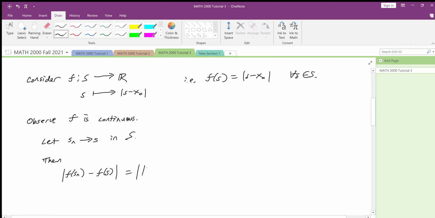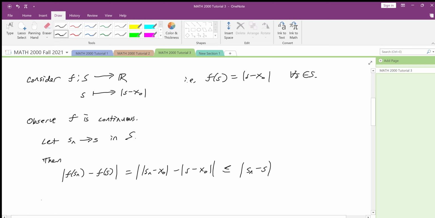That's just equal to the norm of s_n minus x naught, minus the norm of s minus x naught. And by the reverse triangle inequality from a previous assignment, that's at most the norm of s_n minus s. So we were told s_n is converging to s, and then by the reverse triangle inequality, the distances in the image are getting even smaller.